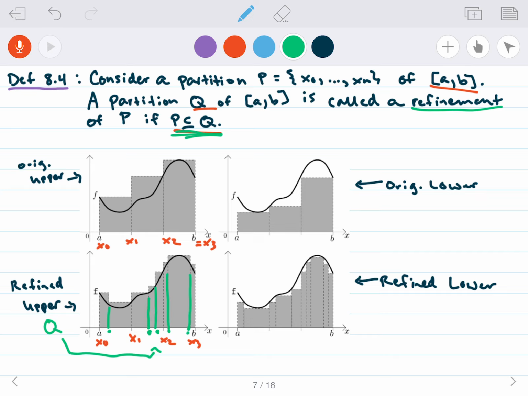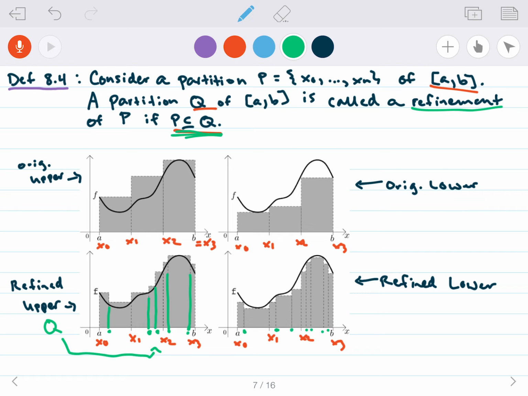So similarly with the lower sum, we have these original points, x0, x1, x2, x3, and we have our refined points here. So this is x1, this was x2, x3, but now we're adding on some green points here, here, here, here, here, and here.